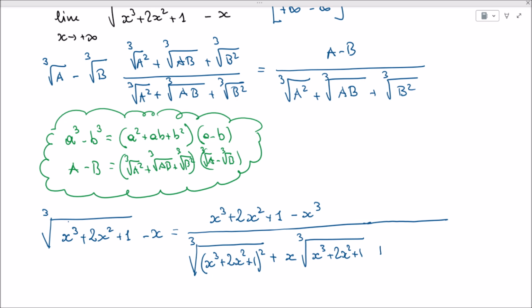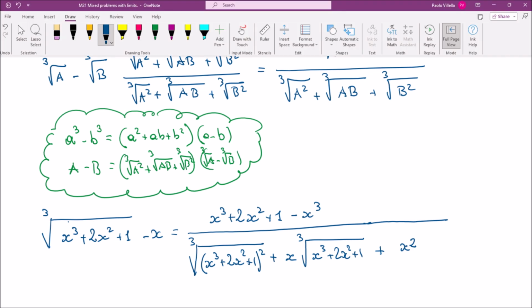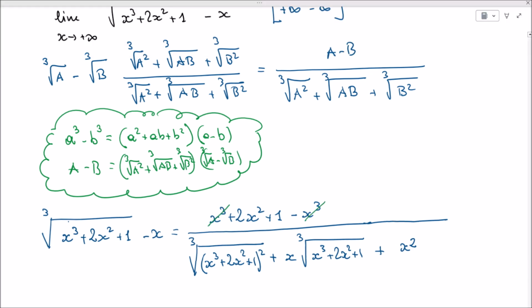Right? Now we immediately see that at the numerator the x cubed terms cancel out. And if we just look at the denominator, in the first term, I'm referring to this term here, we have the cube root of this square.